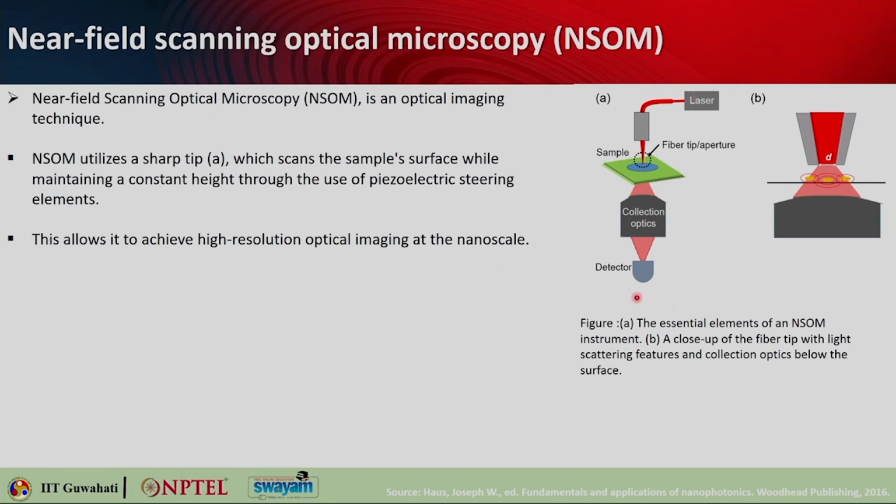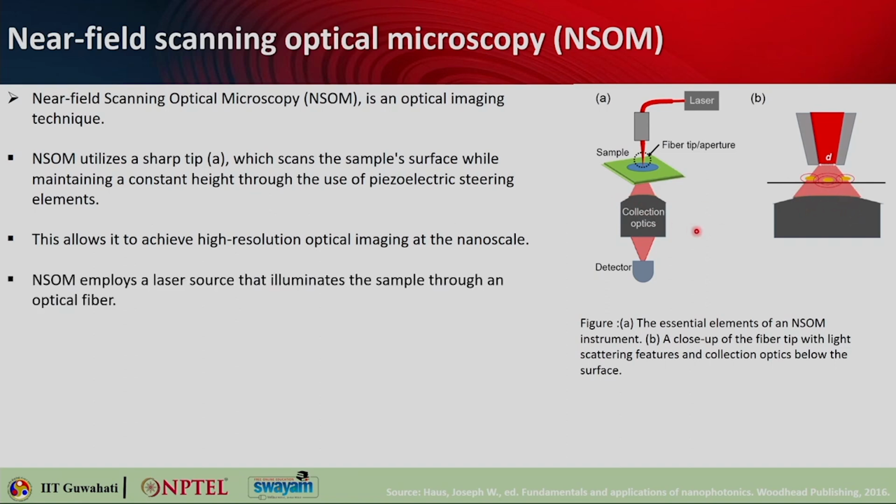So, this figure shows you the essential elements of an NSOM instrument. You have a laser, you have a fiber tip here, this is a sample, then you have the collection optics, and this is the detector. And this is a close up of the fiber tip with light that is scattering through this particular sample, and then there is the collection optics.